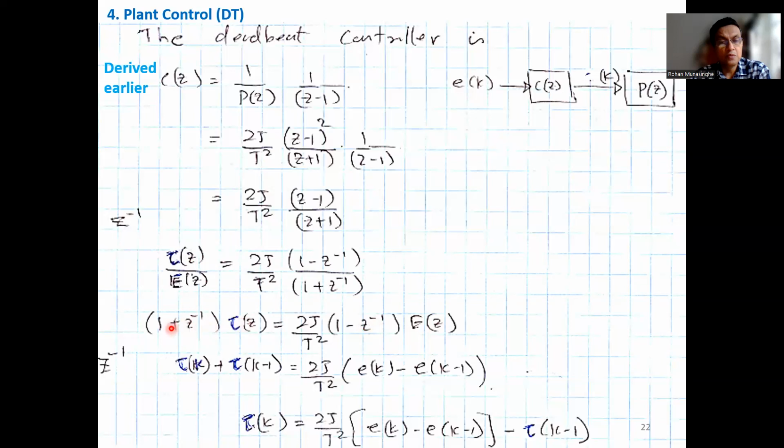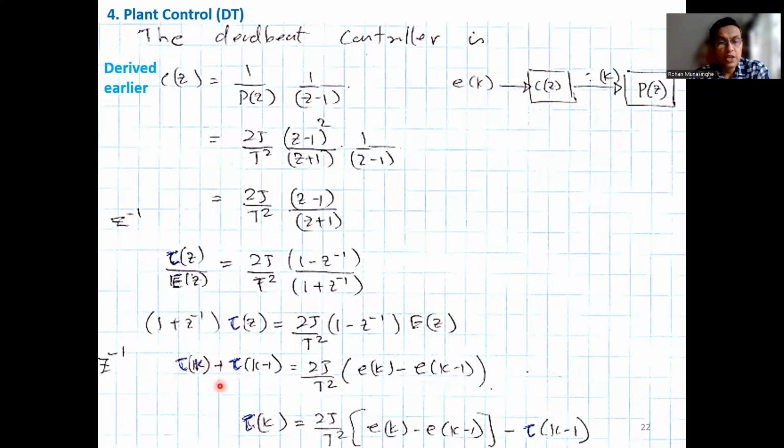1 minus z to the minus 1 times error. So in time domain, this is tau k plus tau k minus 1, due to the z to the minus 1. Okay. On the right hand side, you have the error minus the previous error.